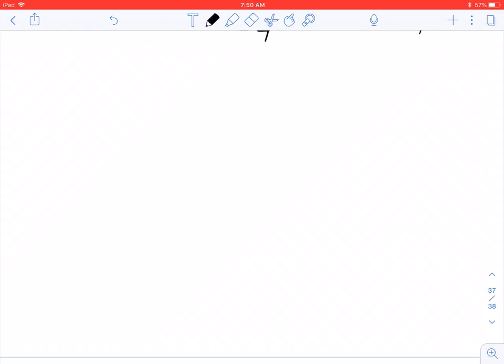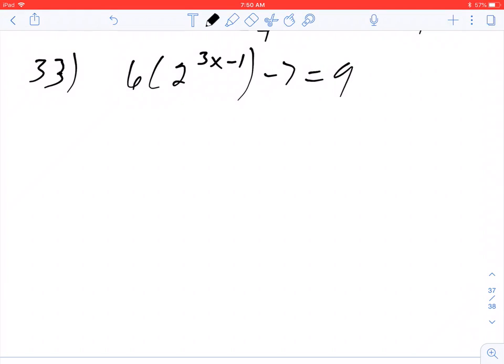The next one we're going to do is 33. Number 33 says we have 6 times 2 to the 3x minus 1, minus 7 equals 9. We just have to start peeling away the layers.